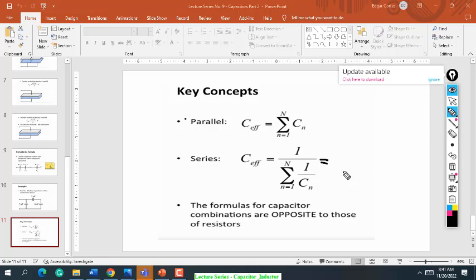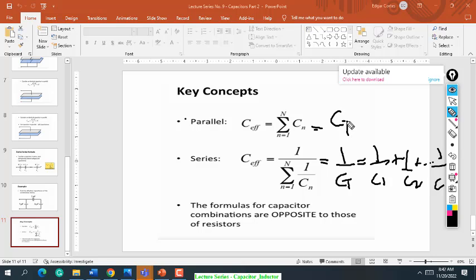Translated, 1 over C total is equal to 1 over C1 plus 1 over C2 plus 1 over Cn, where Cn is the nth capacitor, let's say two, three or four. Here in parallel, C total is just the addition C1 plus C2 plus Cn, if there are many capacitors.